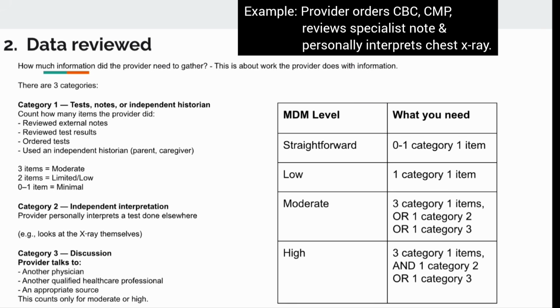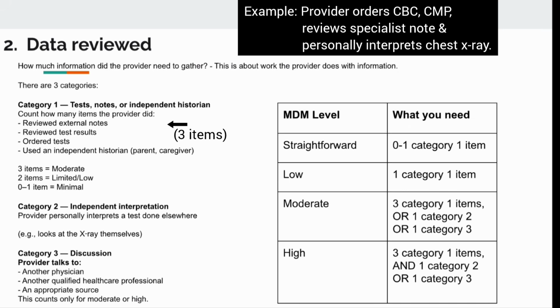Another example. If the provider orders CBC, CMP, reviews specialist note and personally interprets chest X-ray. So he is ordering CBC, CMP and reviews specialist note. So all these are under category 1. So there are 3 category 1 items in this case and he is personally interpreting chest x-ray.